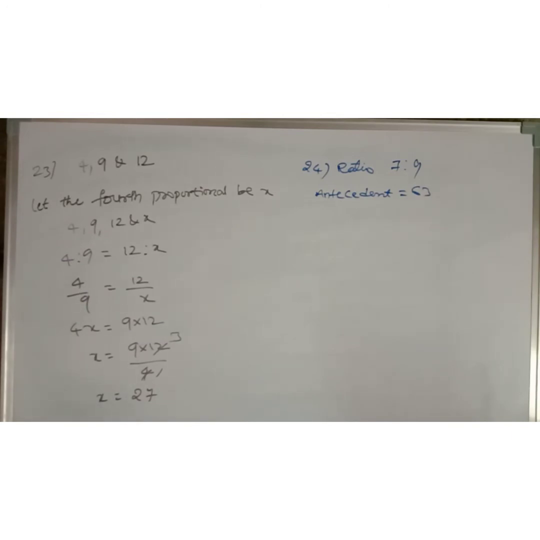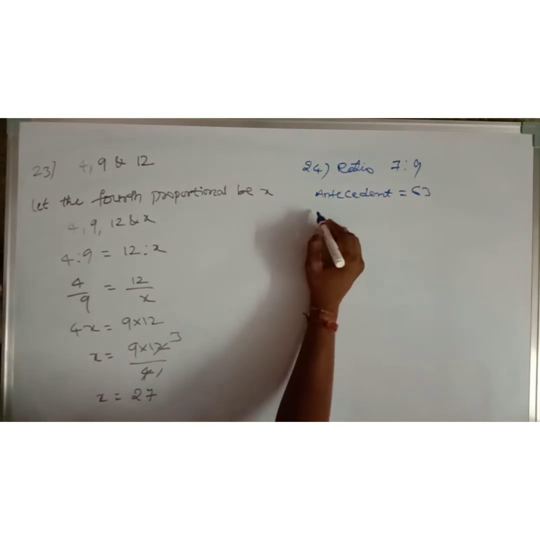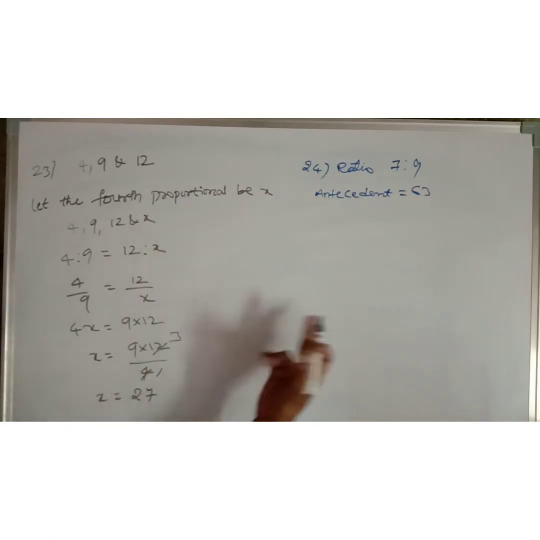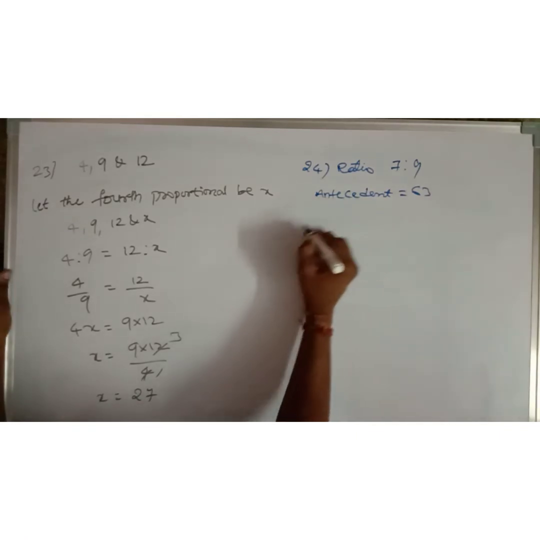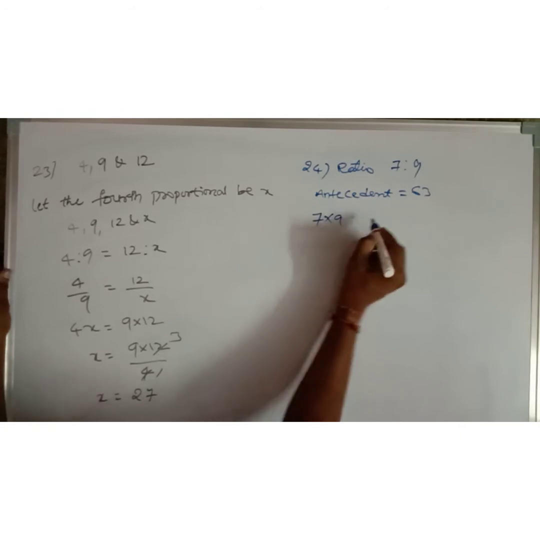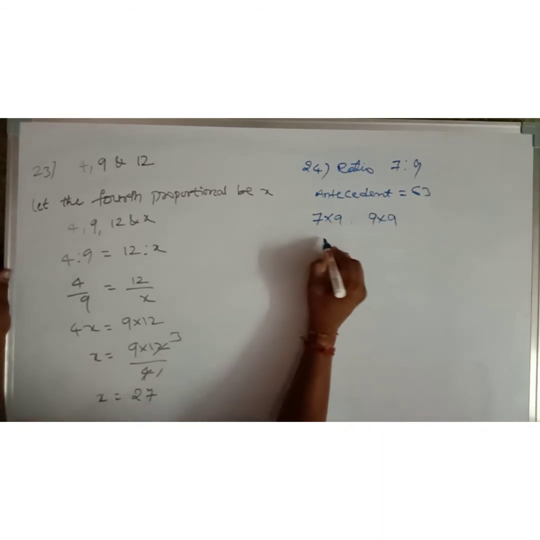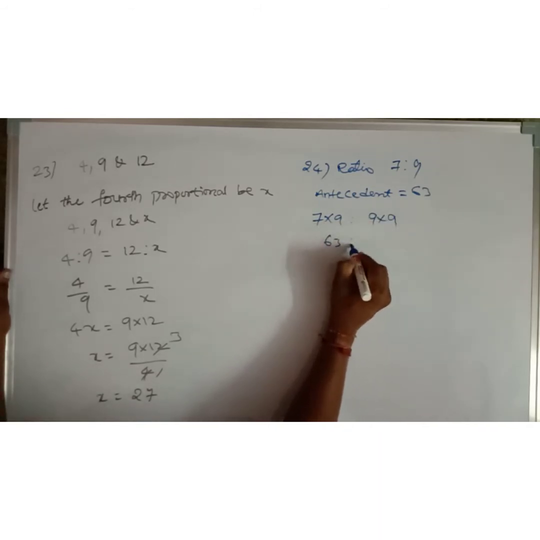Now for this 7:9, I can do it in two methods. First, the same as the fourth proportional method, where you get the x value. Or directly, as a shortcut: 7 into 9 is to 9 into 9. 7 9s are 63, is to 81.